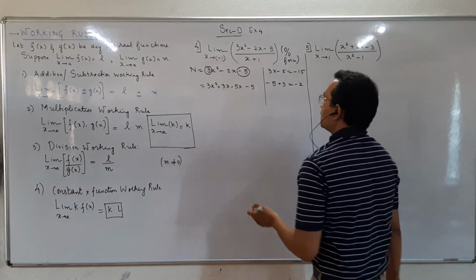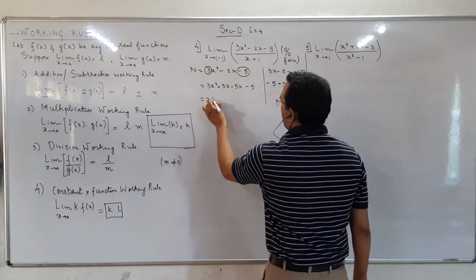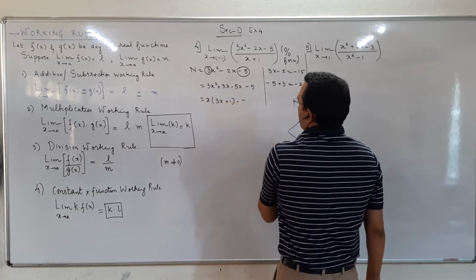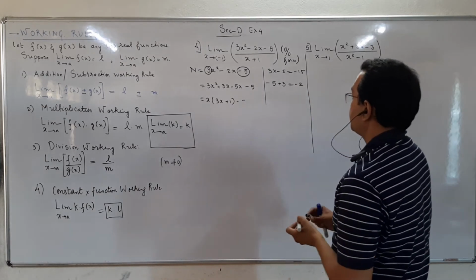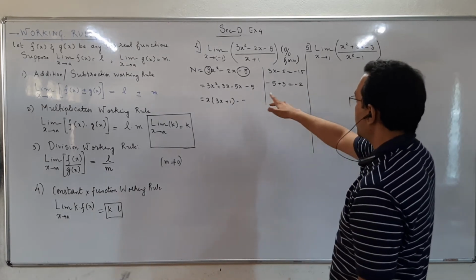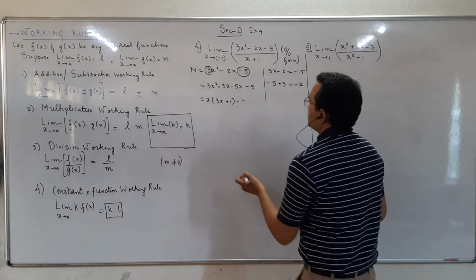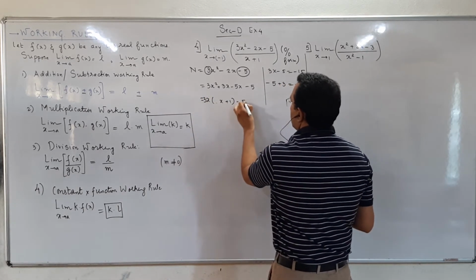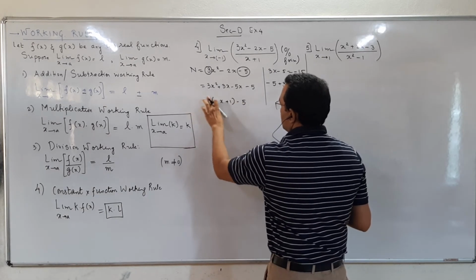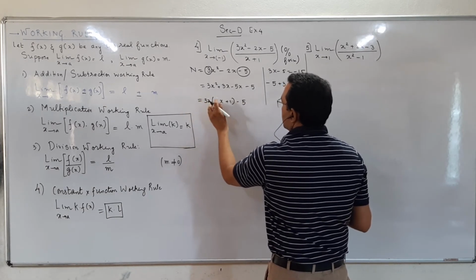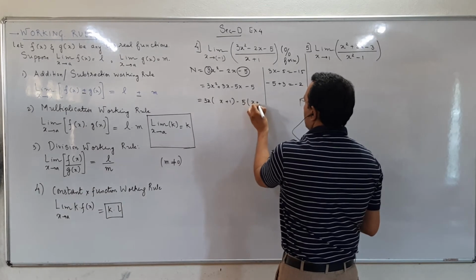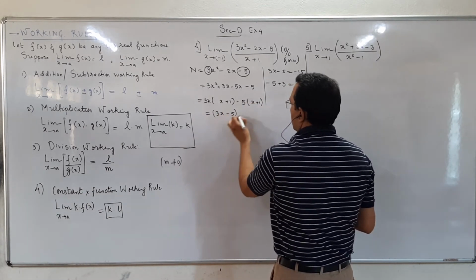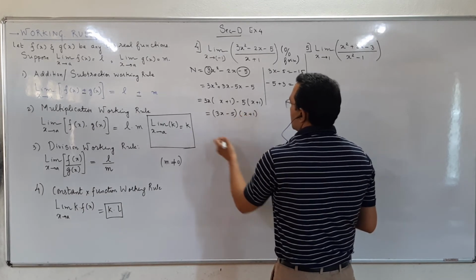We can take any term first, don't worry. Take 3x common, so what remains? x plus 1. Take minus 5 common, so x plus 1. So I get 3x minus 5 and x plus 1.